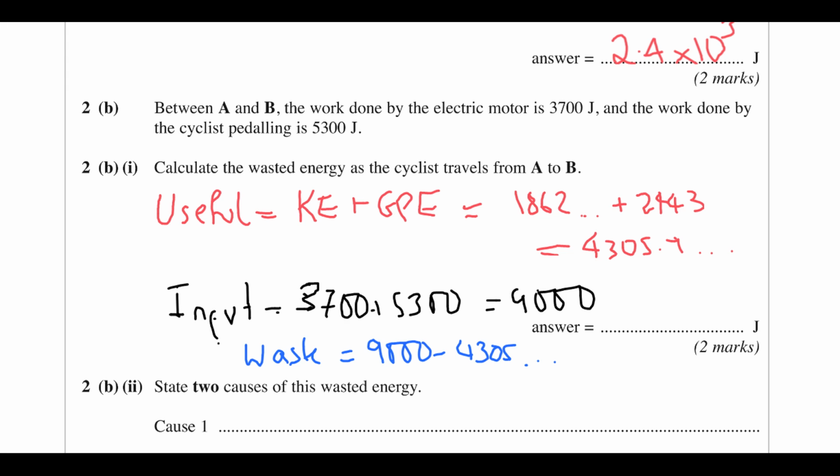Let's do that. Which is 4695, so I'm going to write that as 4.7 times 10 to the 3 joules there as 2 sig figs.